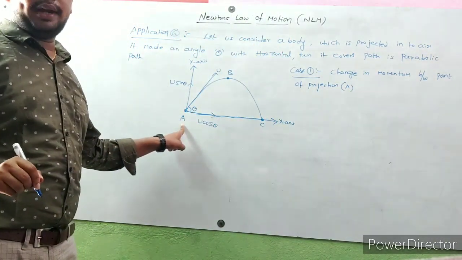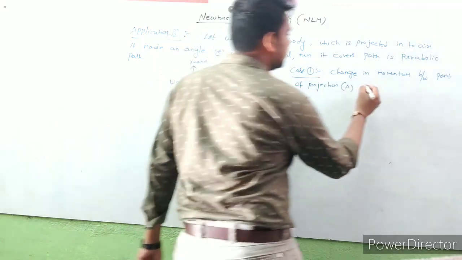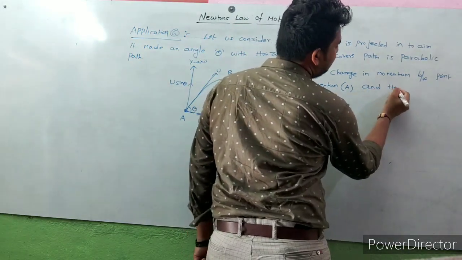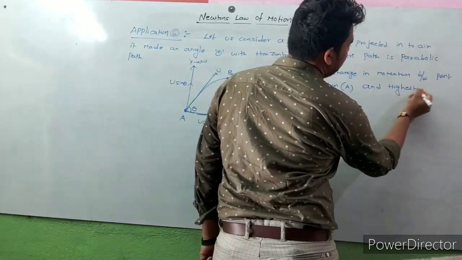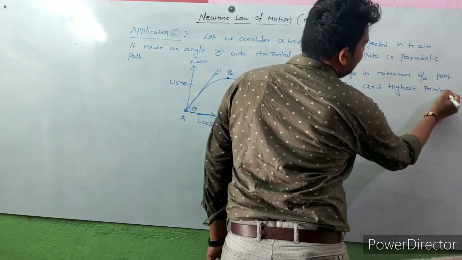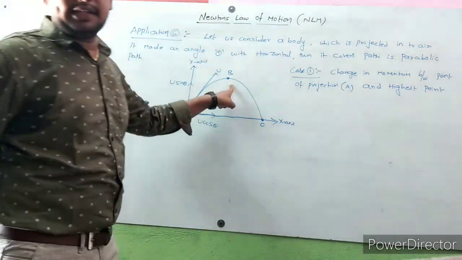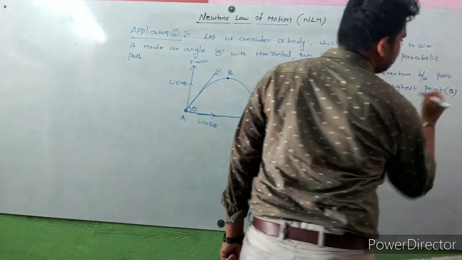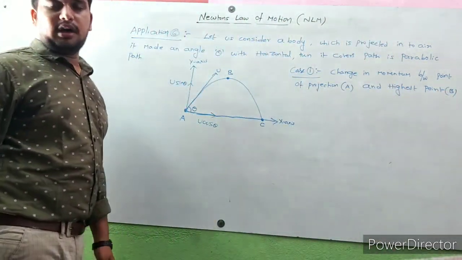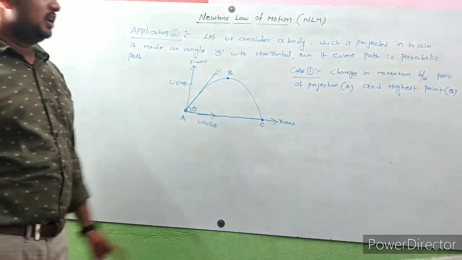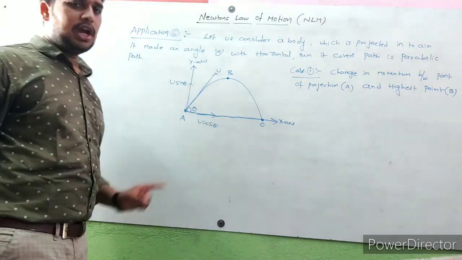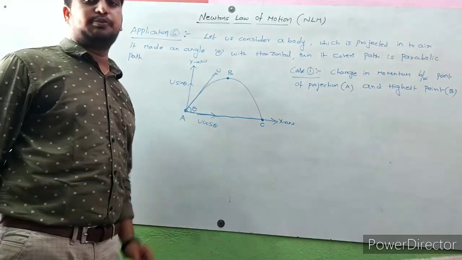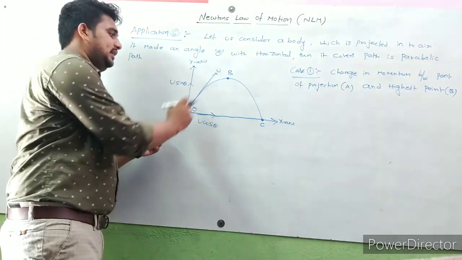Here A is called the point of projection, and the highest point is B. What is the change in momentum between the point of projection A and the highest point B? So in these 2 points.